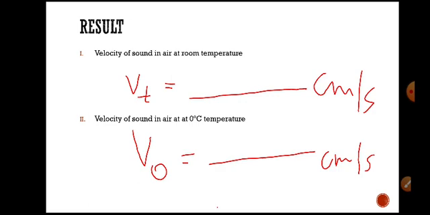The velocity of sound in air at room temperature, Vt equals something, whatever value you got. And another one is the velocity of sound in air at 0 degrees Celsius.